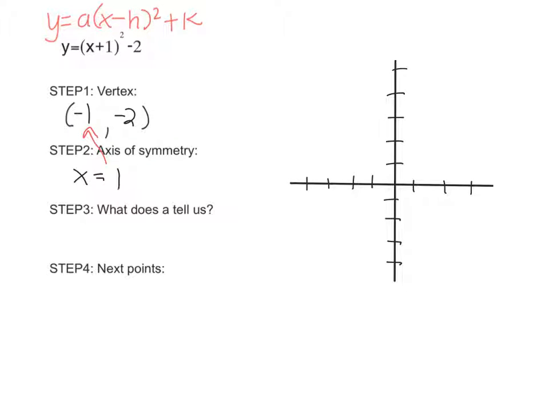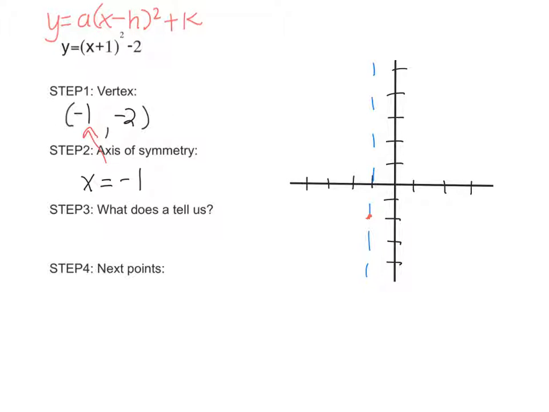So that is -1. Let's rewrite that. X equals -1. Now I'm going to graph my axis of symmetry as a vertical line through x equals -1. And I am going to plot the point -1, -2 on my graph.